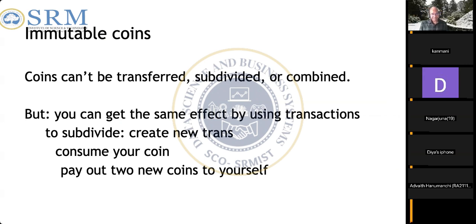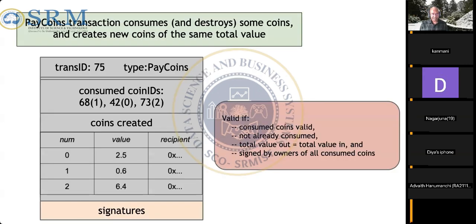But you can get the same effect. For example, let's say I have a coin with 6.4 bitcoins, and I want to pay someone 2.5 bitcoins. How do I do it?